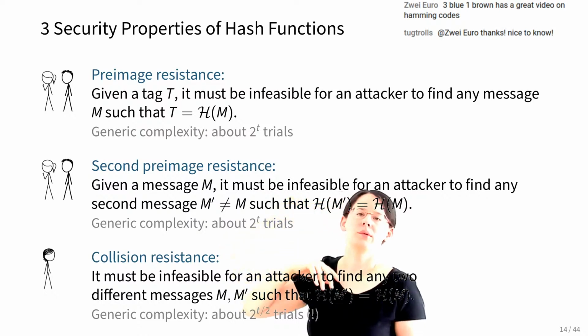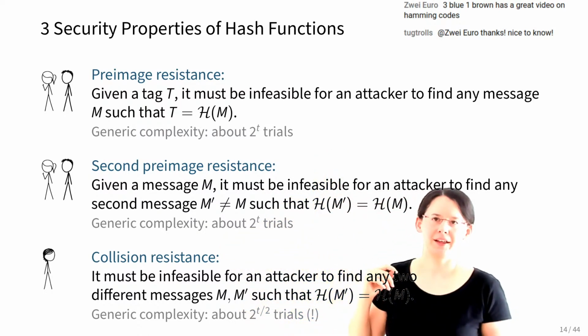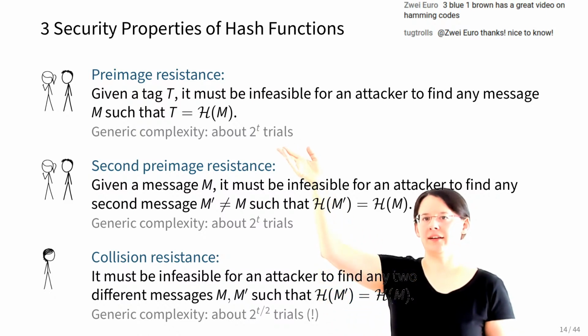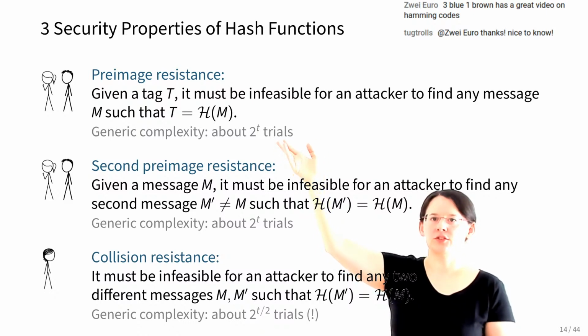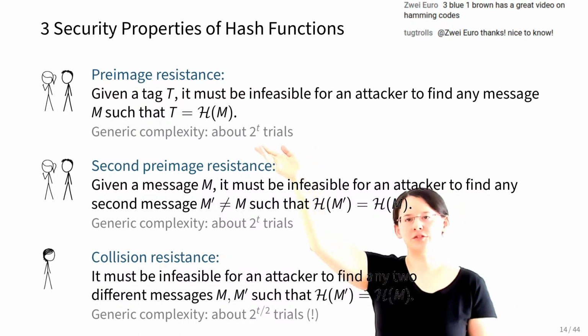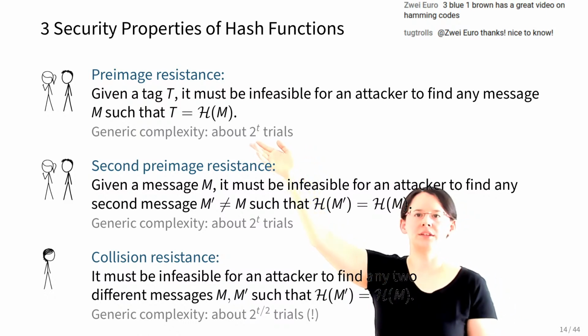All of these properties have so-called generic complexities. A generic complexity is the cost of an attack that an adversary can always try, but this cost depends on the parameters of the function. If we have a hash function with t-bit output, there are 2 to the t possible output values.